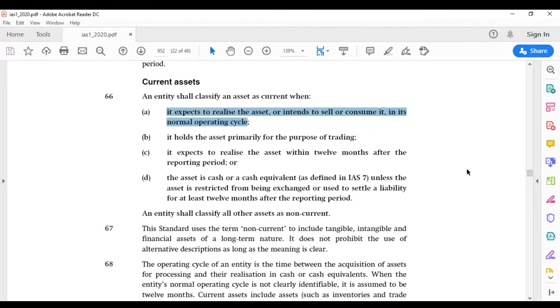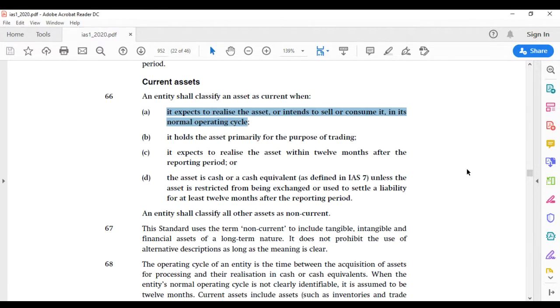So this is a little bit of an exception to the general rule. Here they say even though the asset might be held for more than 12 months, longer than a year, they're only going to realize it more than a year after the year end, it is still regarded as a current asset if it is going to be sold within the normal operating cycle of that company. So let's think of an example again.